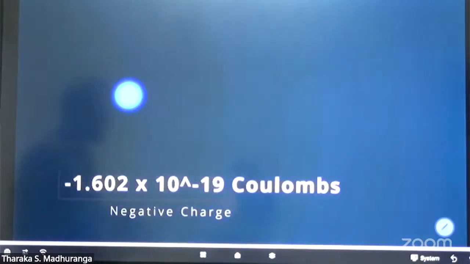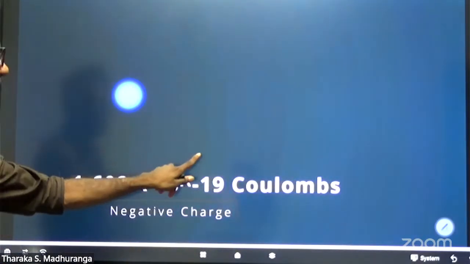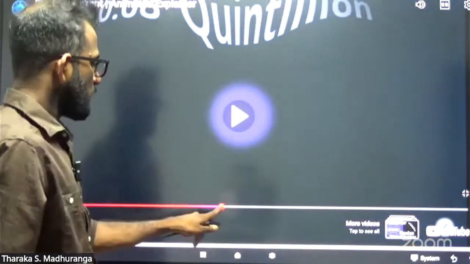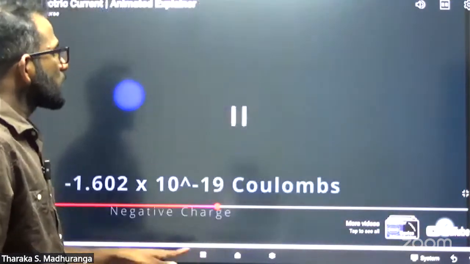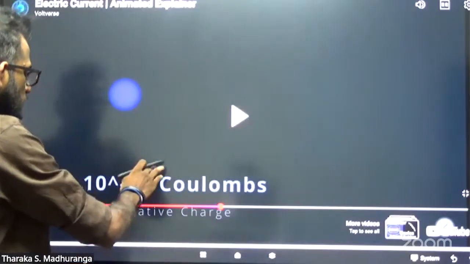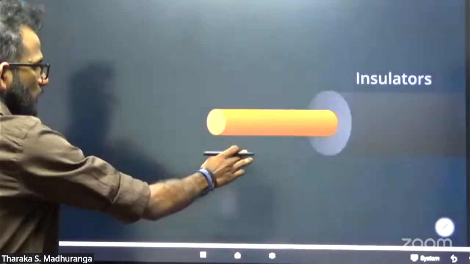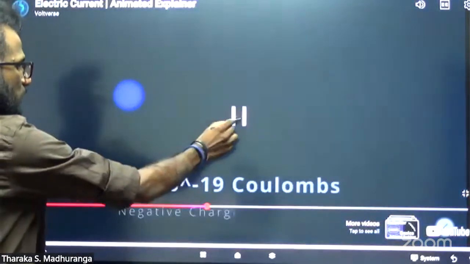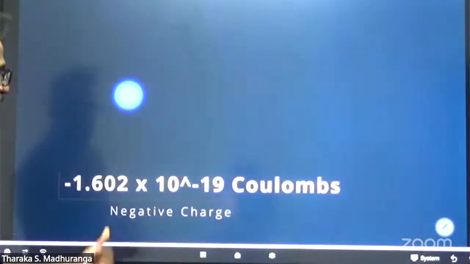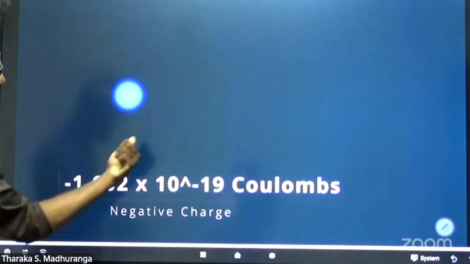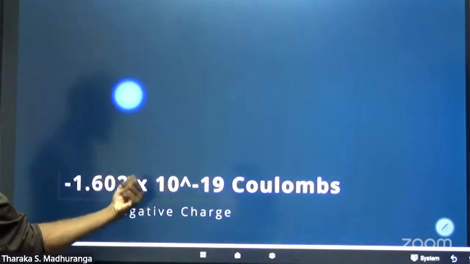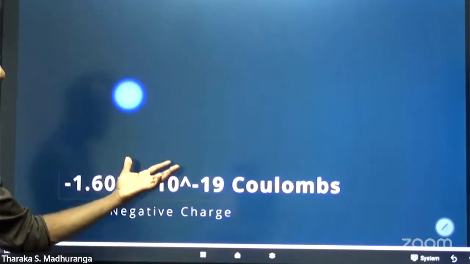Each electron carries a tiny negative charge, specifically about minus 1.602 times 10 to the power of negative 19 coulombs. See this value? This much of electrons, this much of coulombs.